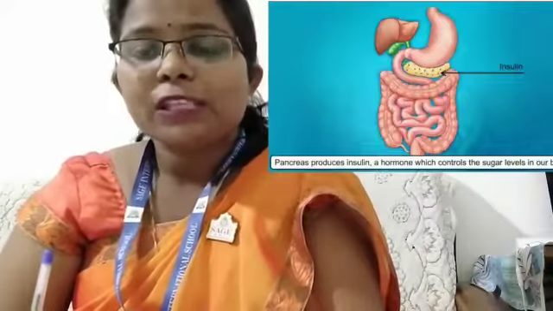The pancreas secretes insulin. Because of that insulin, in the small intestine, the sugar level is controlled, since whatever food we are eating contains sugar also. How sugar works, you will learn in higher classes. So my dear students, the pancreas secretes insulin that controls the sugar level of the body.